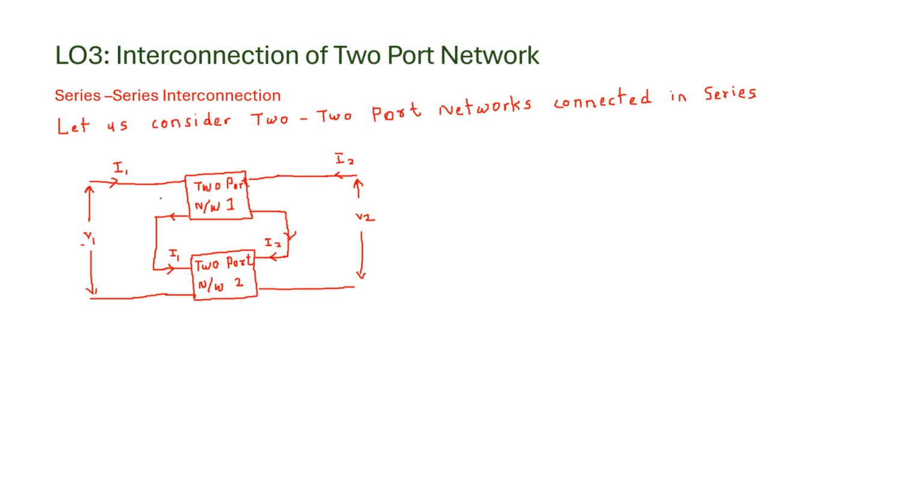Now let the voltage at this be V1 dash. Here let it be V2 dash. Here it is V1 double dash. Here it is V2 double dash. Now here the current is I1. Here the current is I2.